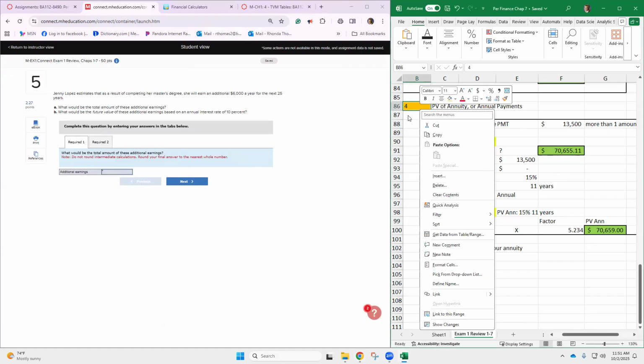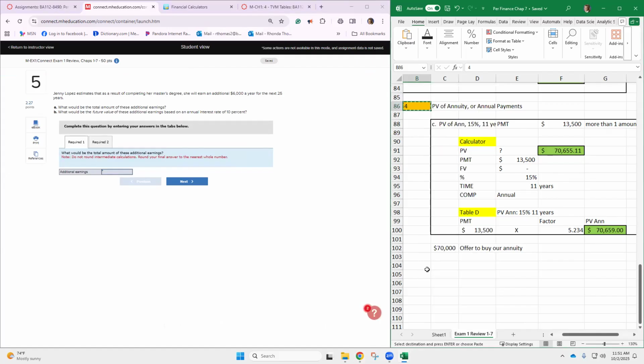So we're looking at J-Lo here. We're going to do number 5. This one is looking at a master's degree, they have projections. If you have an advanced degree, about how much additional money you might make a year.